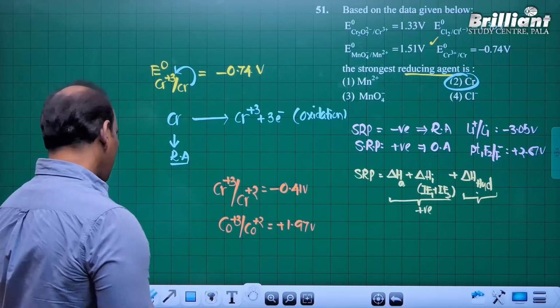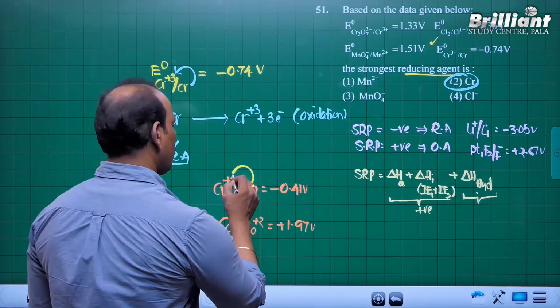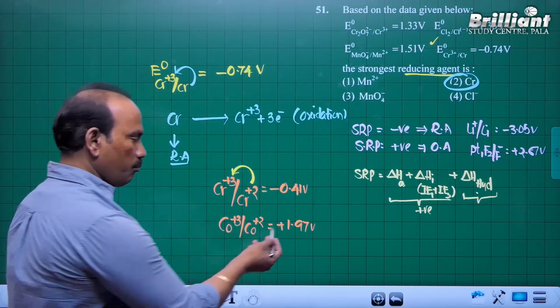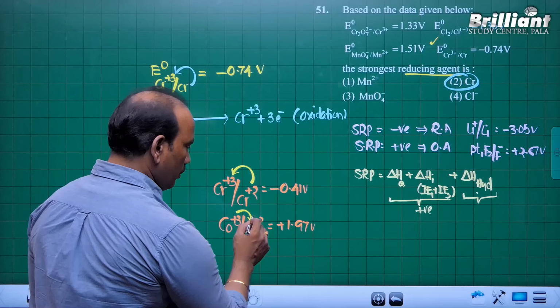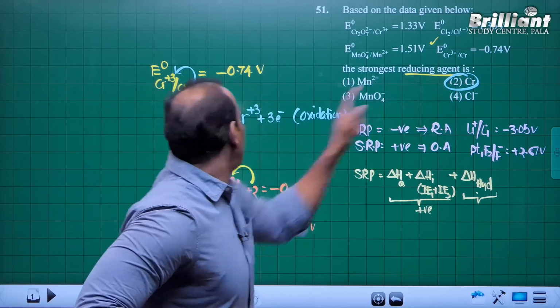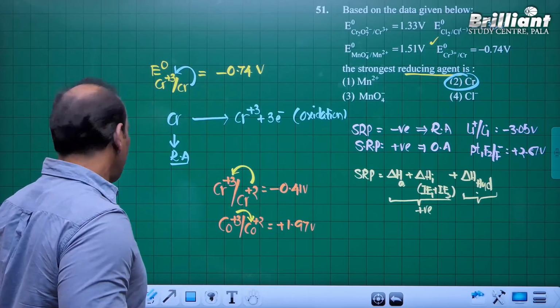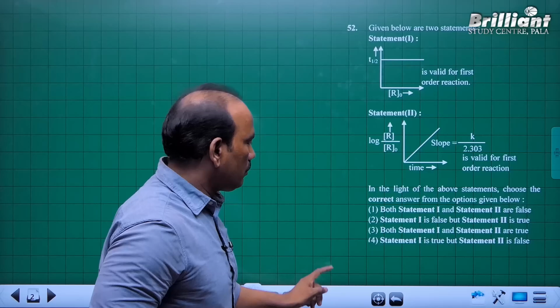At that time, negative SRP is there, so this changes to this side. Positive is there, this to this one. That is clear. We want the negative, lower to higher. Okay. Now we go to the second one.